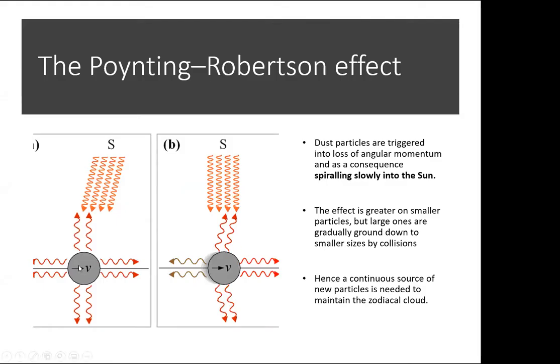This is our dust particle now, and we've got the sunlight coming in from that slightly acute angle, and what happens is it hits the dust particle and it warms it up, and then the dust particle re-radiates the heat as infrared, but it re-radiates it equally in all directions from the point of view of the particle.